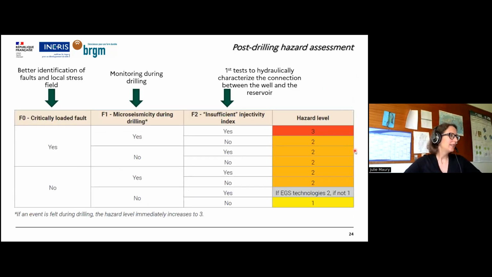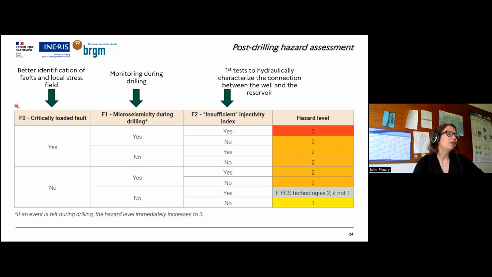And next, if we go now, the drilling is done, and so you can do a better assessment because you have more data. So first, you can reassess whether the faults are critically loaded, because hopefully you have a better identification of faults and maybe a better constrained local stress field.